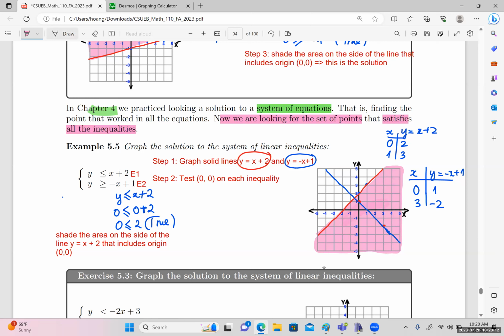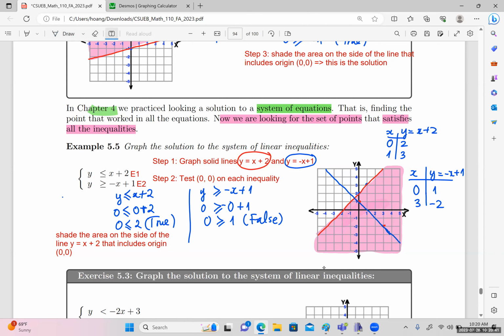What about the second one? I'm going to separate it. Say y greater than or equal to minus x plus 1, right? So 0 greater than or equal to 0 minus 0 plus 1. 0 greater than or equal to 1, false. Right?